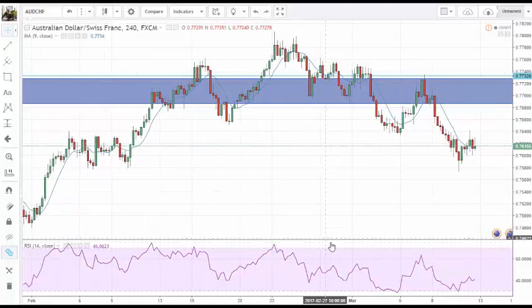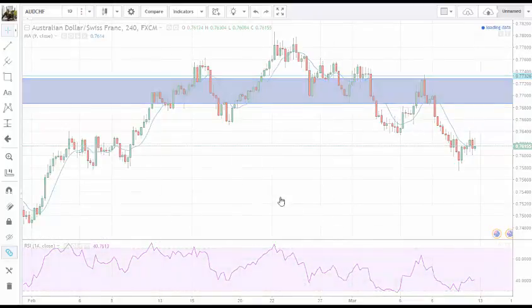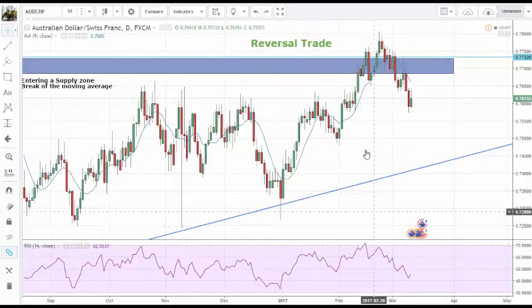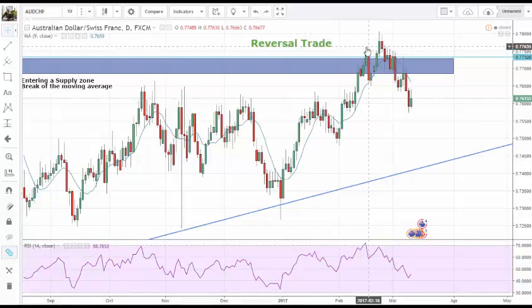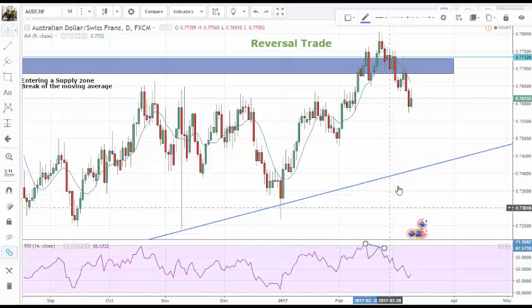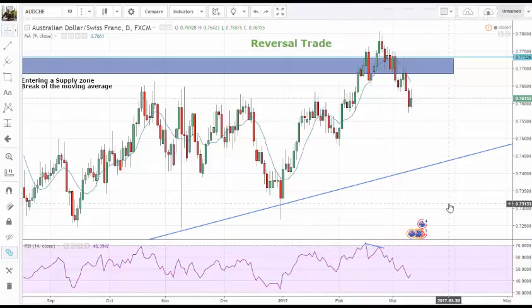I do not really see divergence on a 4-hour chart. Maybe I did on the daily. I don't know yet. There's a little bit of divergence over here. So we see this high followed by a higher high, and we see this high followed by a lower high. So it is divergence we're seeing here, but not really convincing.